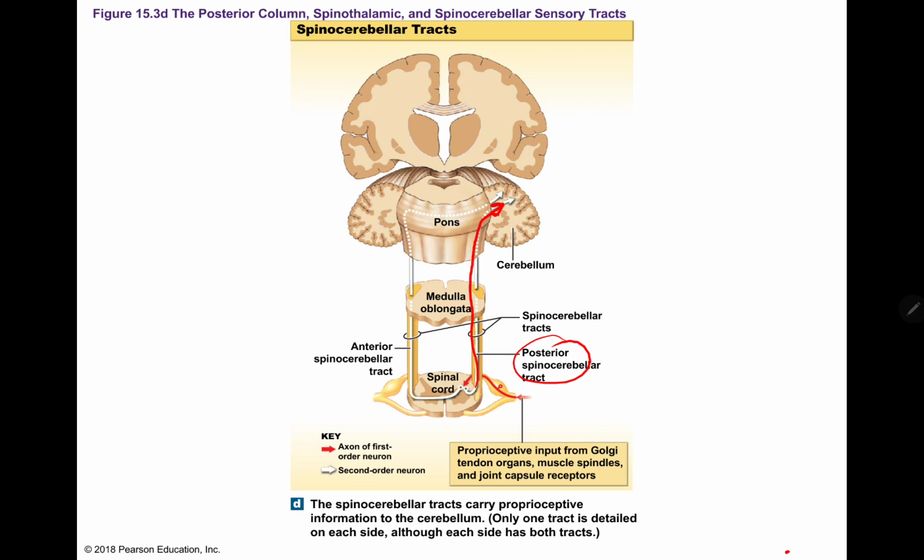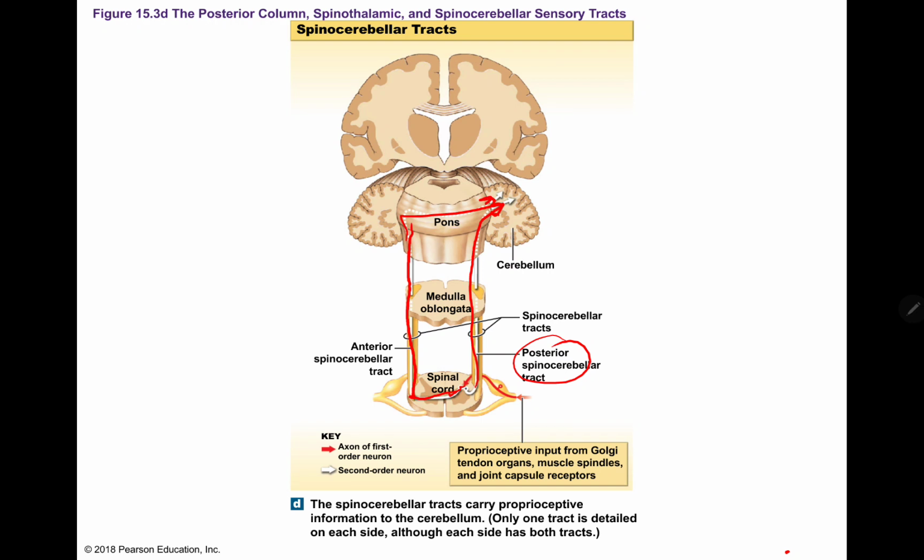Whereas the ventral, or the anterior, I should say, spinal cerebellar tract is going to bring information in, throw it to the other side, as we can see crossing over, and then bring it up. And then we're going to throw it back over to the other side before it reaches the cerebellum, okay?